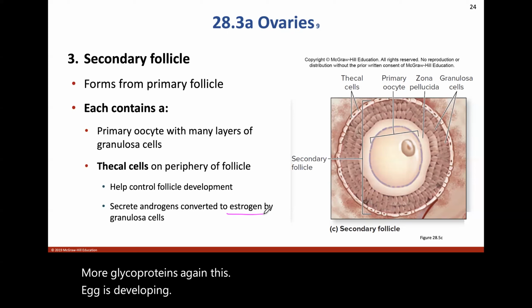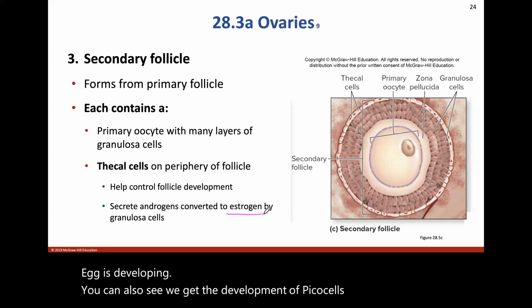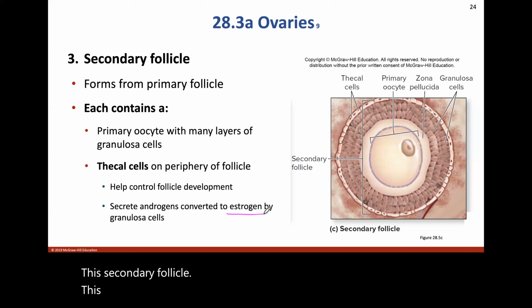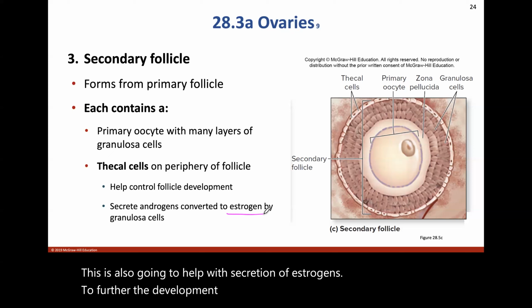You can also see we get the development of thecal cells surrounding this secondary follicle. This is also going to help with secretion of estrogens to further the development of this secondary follicle.